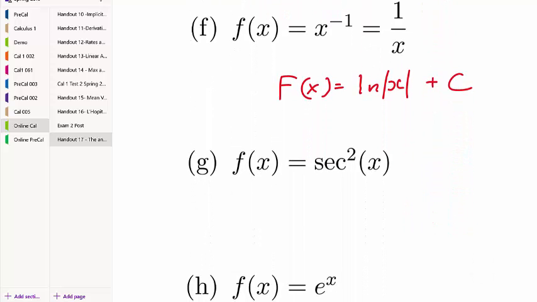Alright, what is the antiderivative of secant squared? Well, you're going to look back on all your trig rules, and what trig function do I have to take the derivative of to get secant squared? If the answer is not immediately at your fingertips, please press the pause button, find it in your notes.